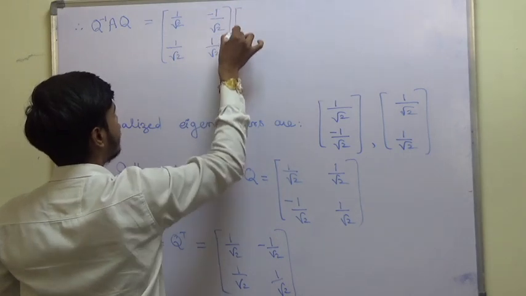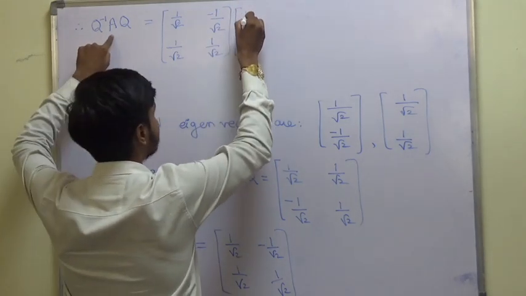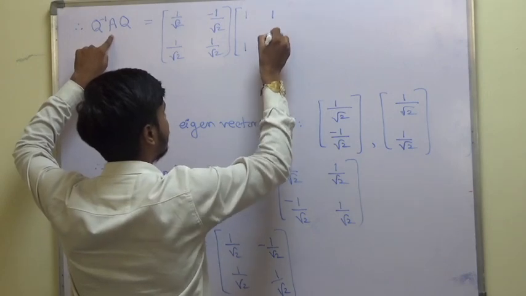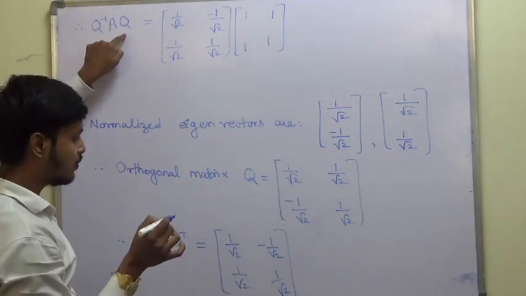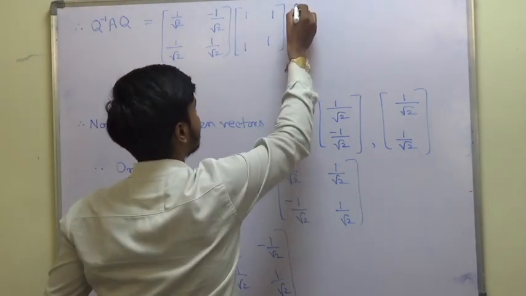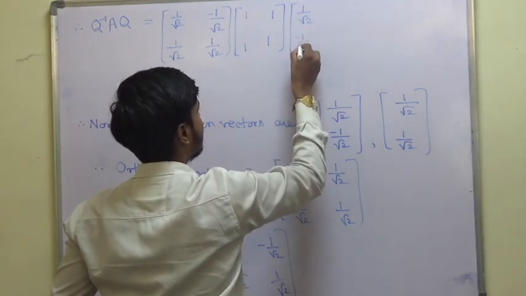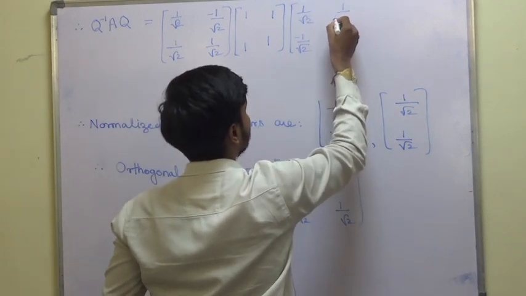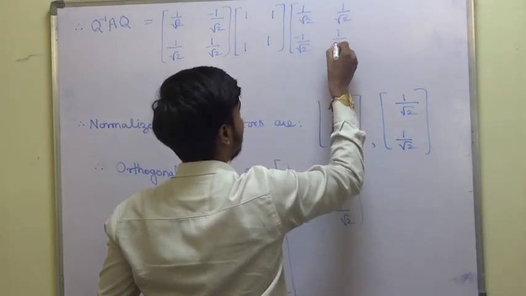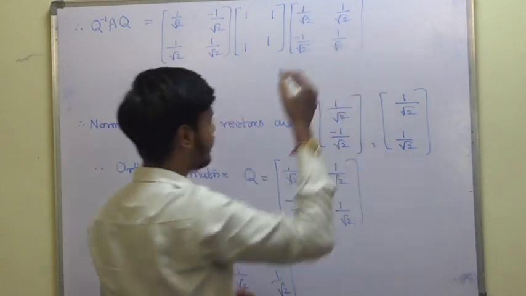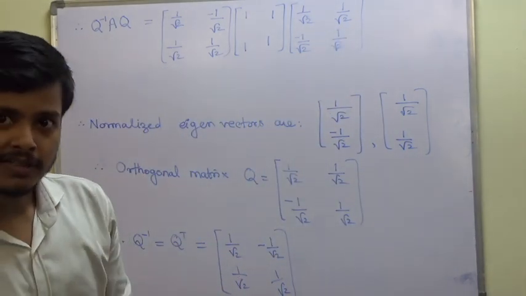Do you remember what our matrix A was? Matrix A is 1, 1, 1, 1. And what about Q? We have this orthogonal matrix, 1 by root 2, minus 1 upon root 2, then 1 by root 2 and 1 upon root 2. Now solve this.